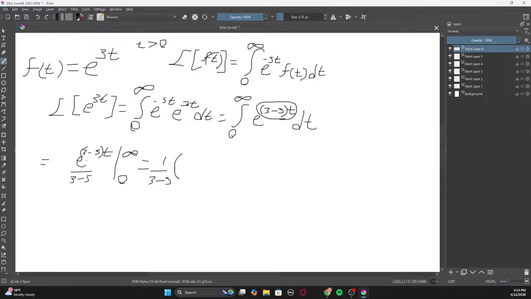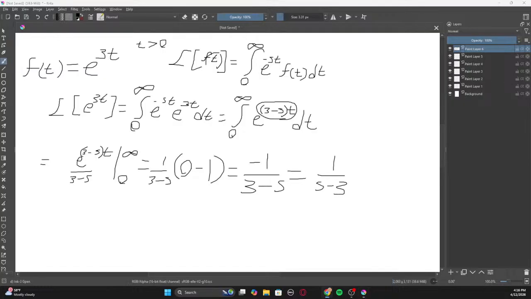The infinity here ends up being 0. So we have 0 minus, plug in 0 for t, we have 1. And there was a limit here, but I skipped it because some stuff's happening in real life. And then we have negative 1 over 3 minus s, which is equal to 1 over s minus 3.